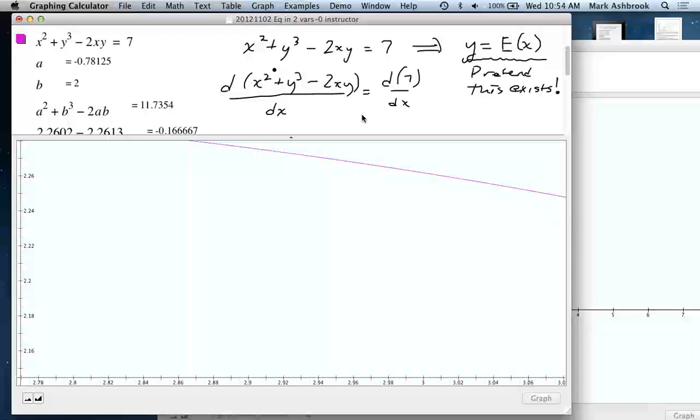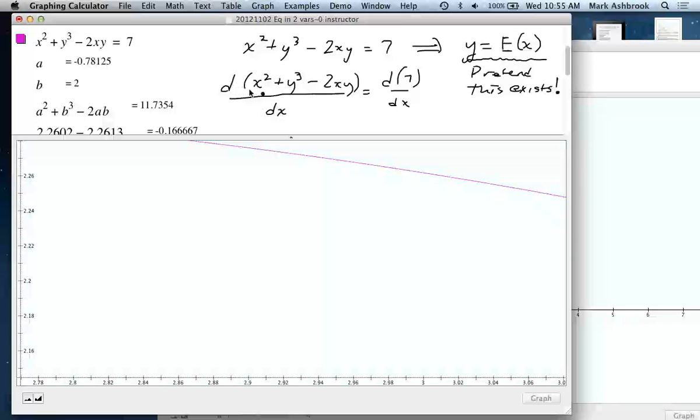Yeah, so the rate of change of that with respect to x is going to equal the rate of change of that with respect to x. Now we've got the sum and difference rule, so we can do these one at a time, but we have to remember that when we get to y, we're taking the derivative with respect to x, and y is some equation of x. So we have to remember that.